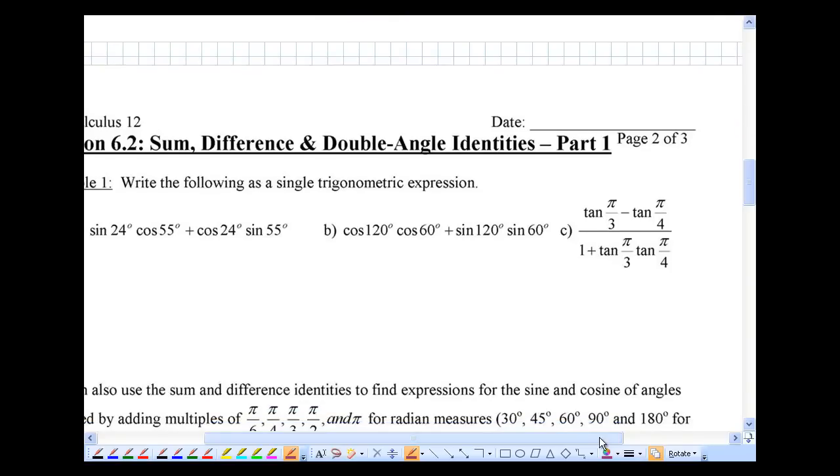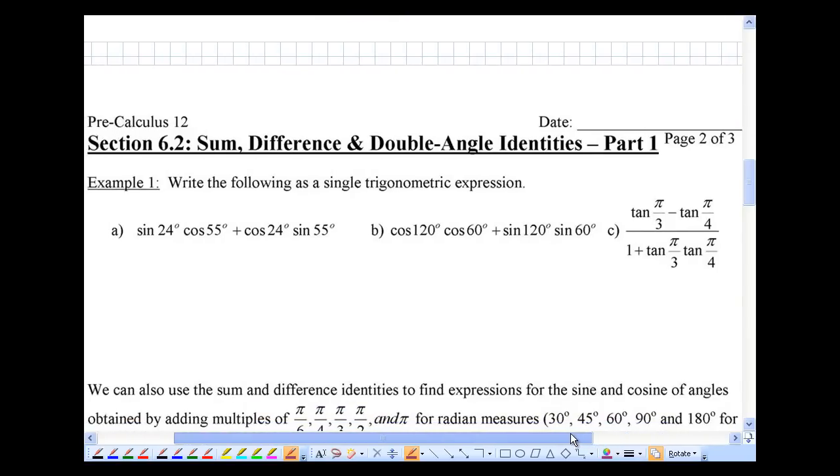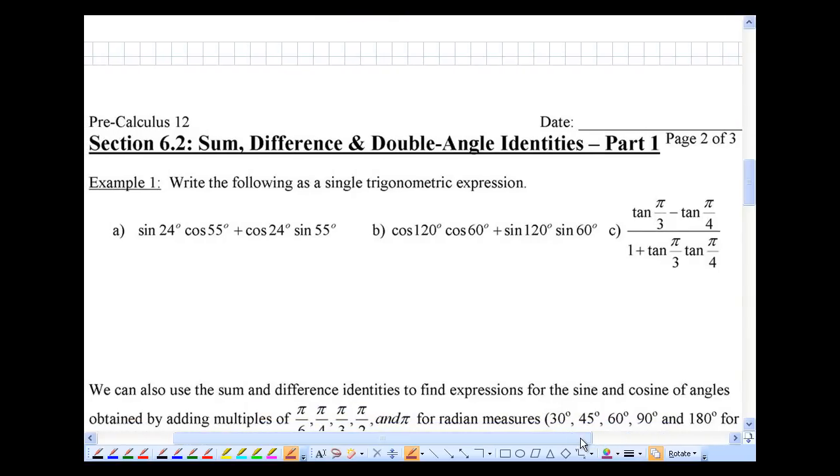Alright. Well, here's something interesting, example number 1. I've given you this nice long trig expression involving sine, cos, and all that kind of stuff. Your job here is to try to simplify and write this as one single trig expression. Now notice the first one, it seems like I have sine of an angle, kind of like sine A, then cosine of a different angle B, plus cosine of A, sine of B. Now where have you seen this before?